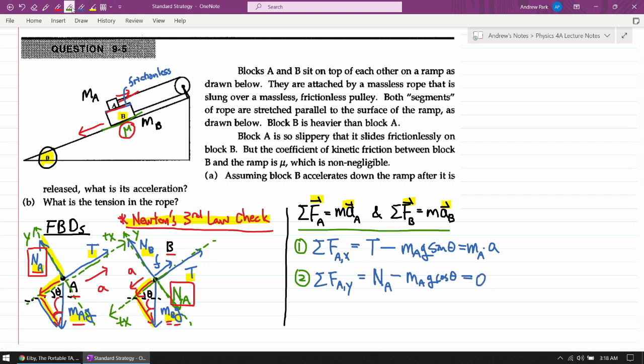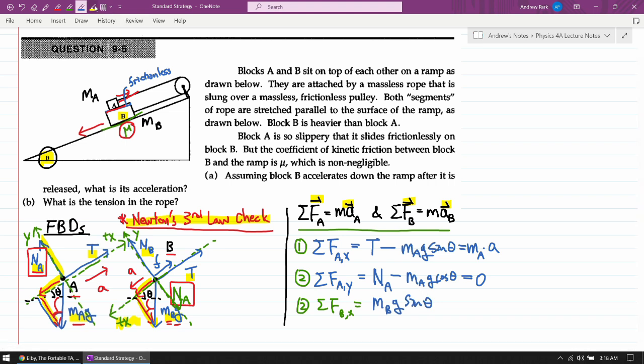I have to write down similar equations for block B. So it's going to be net force on block B in the x direction is equal to, oh, here I have to be careful. My positive axis was defined to be this direction here. So let me write down the x component of gravity first. That's m_B g sine theta.